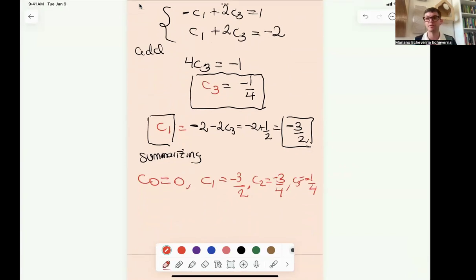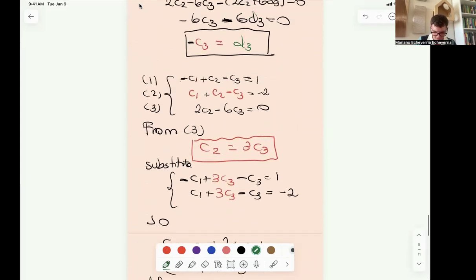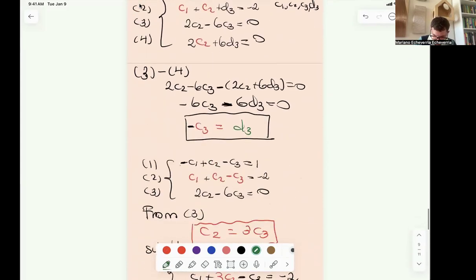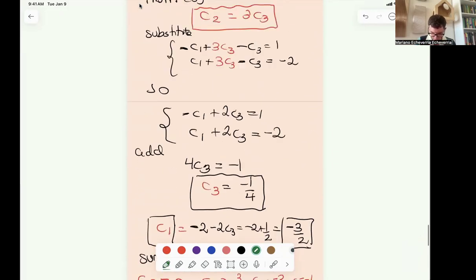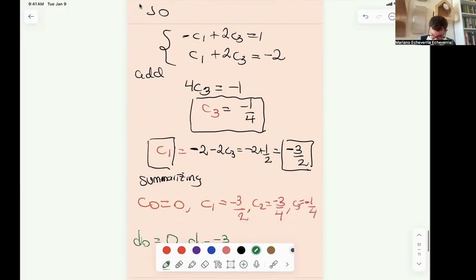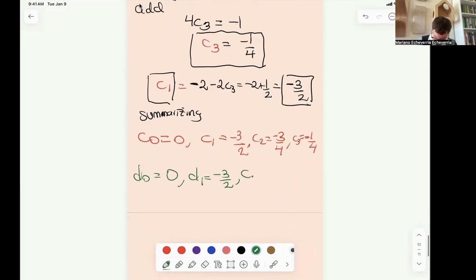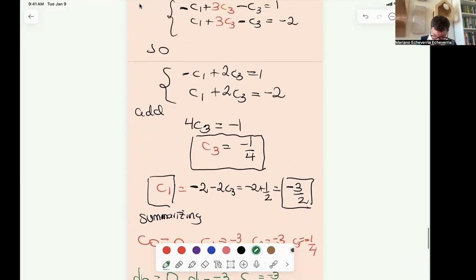And that gives you the coefficients. And from there, you also have the D values. So D0 was 0. What was D1? Sorry, just to go back for a second. According to this, D1 was the same as C1. Perfect. And then what is D2? According to this, D2 was the same as C2. And what was D3?